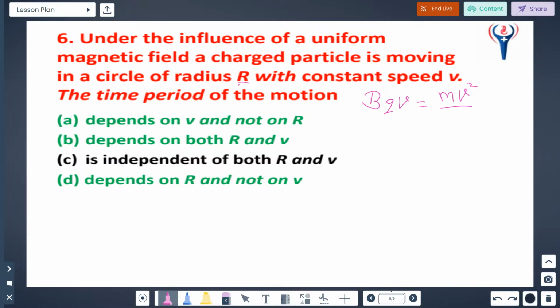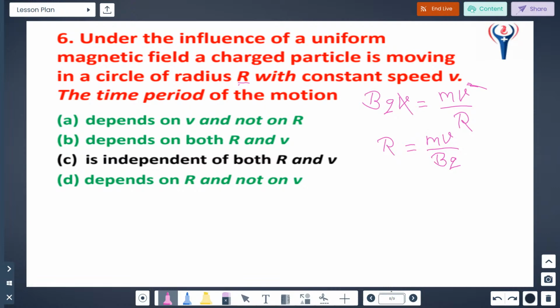V and square get cancelled. Here we want to find only the time period. So from this, R equals MV by BQ.